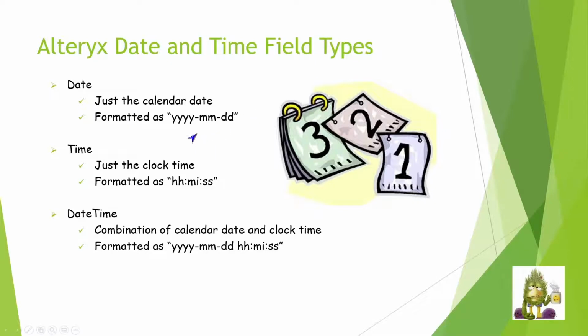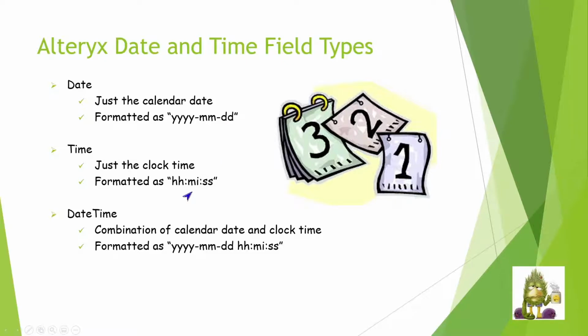The standard format of the date is a 4-digit year, dash, 2-digit month, dash, 2-digit day. These fields must be that long. So for January, you need to include the leading 0. So January would be 01, and the 8th day of the month would be 08.